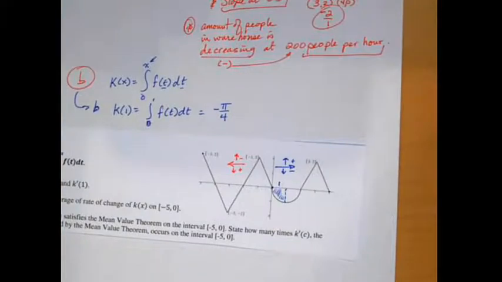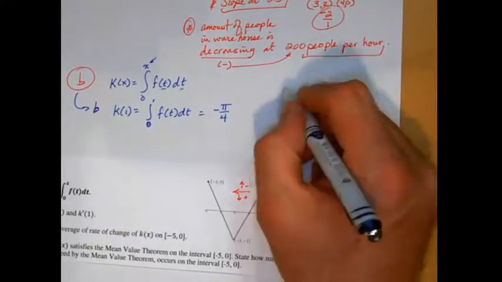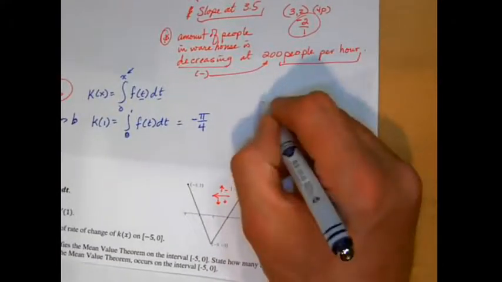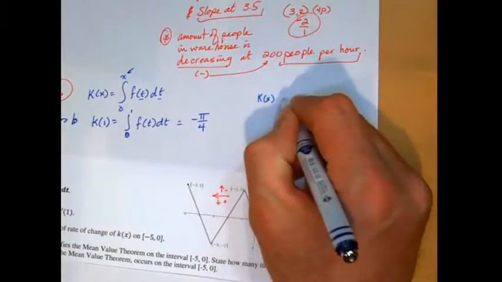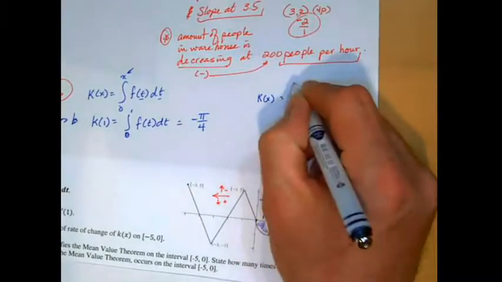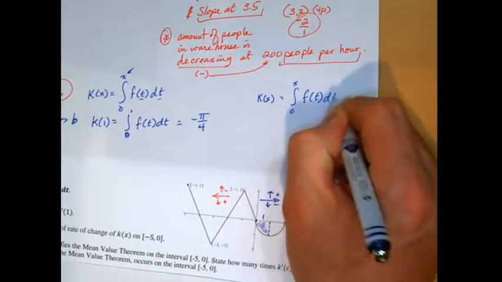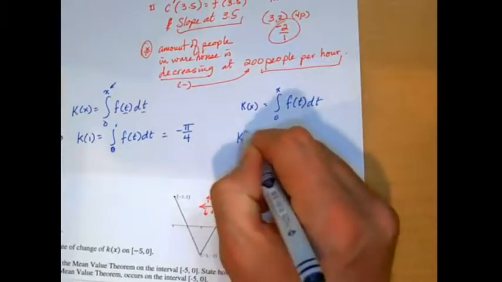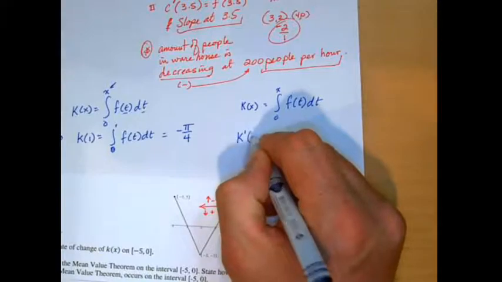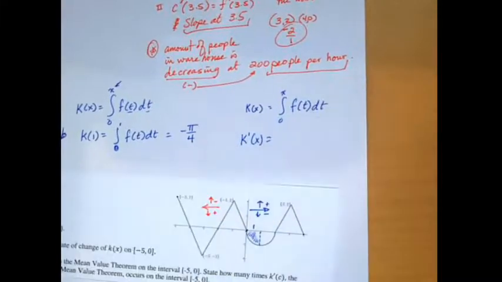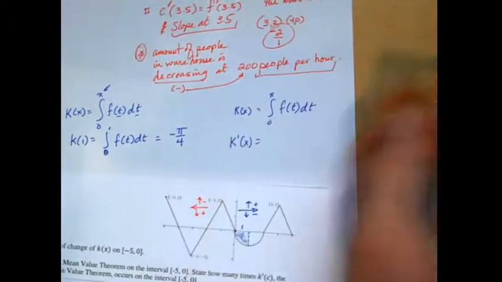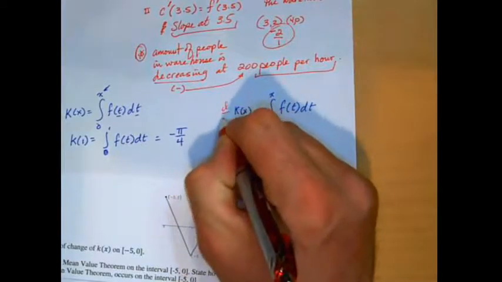All right, K prime of 1. I'm going to use K of x is equal to the integral from 0 to x of f of t dt. So I'm just rewriting it. For K prime of 1, I need K prime of x. Well, how do I get K prime of x? That's right, you take the derivative.